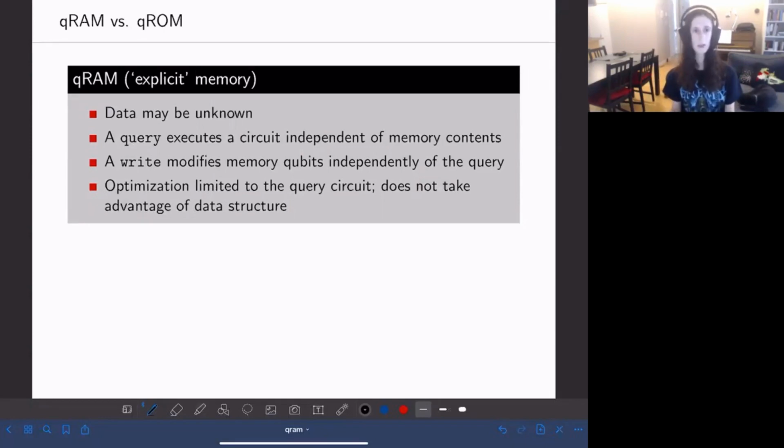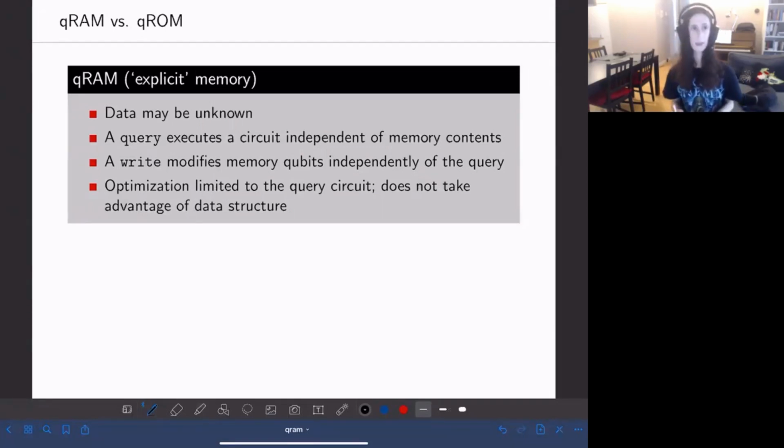We're moving towards calling it just a qRAM. The advantage of a qRAM is that you can query with essentially data that's unknown. Somebody can just give you a register of qubits, you could use it in your queries, and you don't have to care at all about the contents. And writing to this qRAM is really easy.